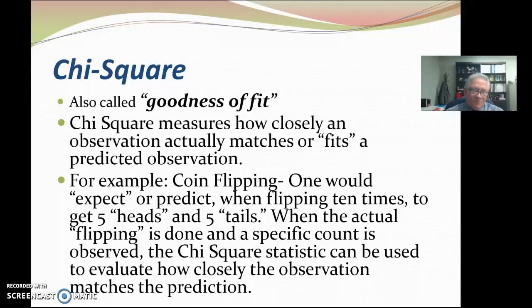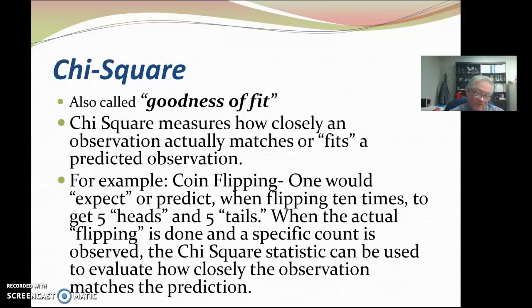Chi-square is another interesting and quite simple little statistical metric that is used. It's also called the goodness of fit test. It measures how closely an observation actually matches or fits a prediction. For example, if you're going to flip a coin 10 times, you might expect that you would get 5 heads and 5 tails, right?